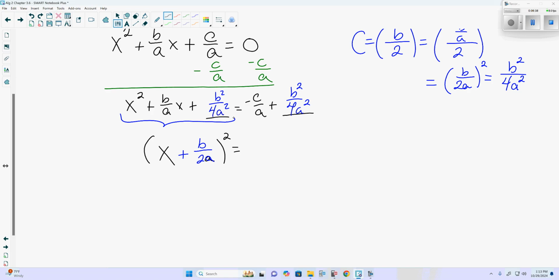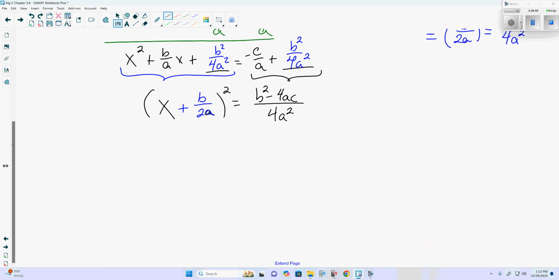equals. Now we do need to combine these here, and I'm not going to focus too much on how this ends up simplifying. But when we add those two together, we do end up getting b squared minus 4ac all over 4a squared.